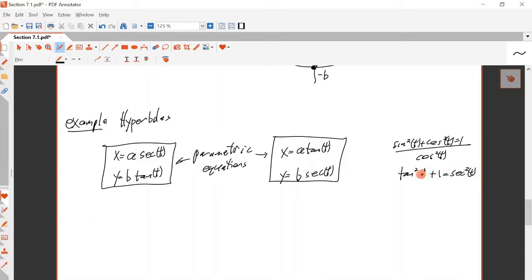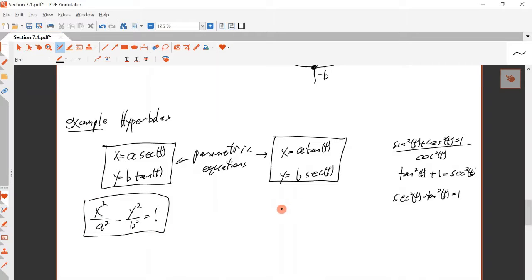So secant squared t minus tangent squared t is 1. So this one is x squared over a squared minus y squared over b squared equal to 1. And then this one is y squared over b squared minus x squared over a squared equals 1. So these are the Cartesian equations.